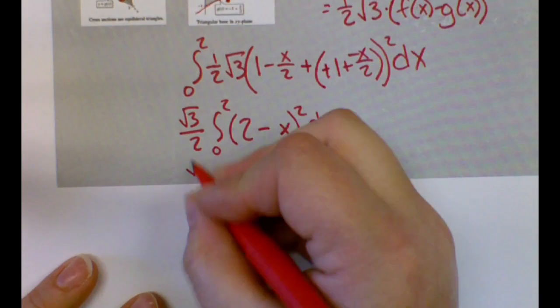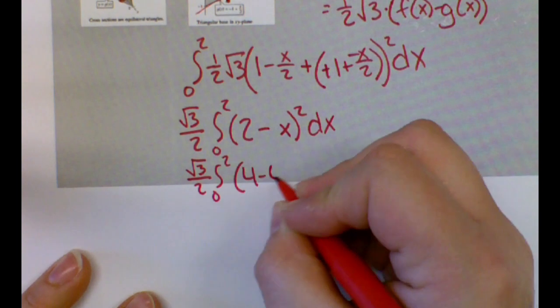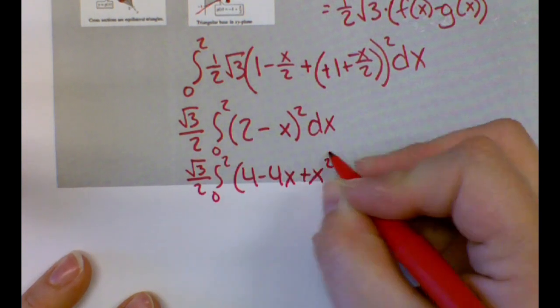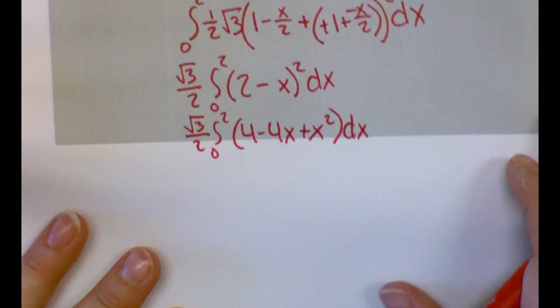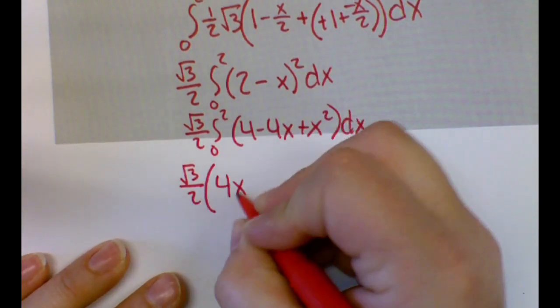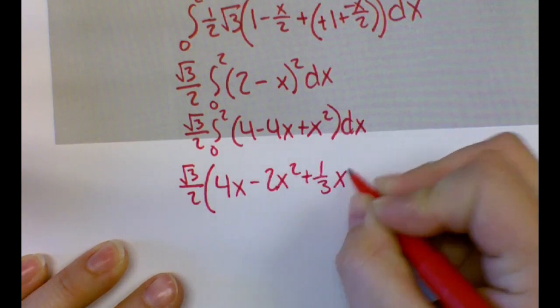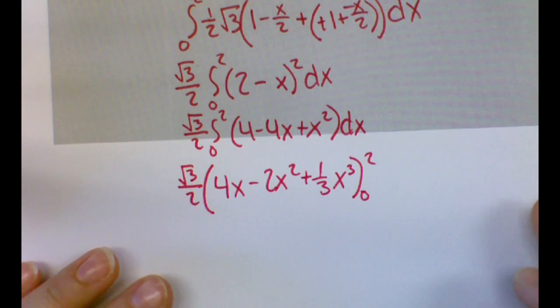And I can multiply that out: 4 minus 4x plus x squared dx. And now we antiderive. Square root 3 over 2 times 4x minus 2x squared plus 1/3 x cubed, from 0 to 2.